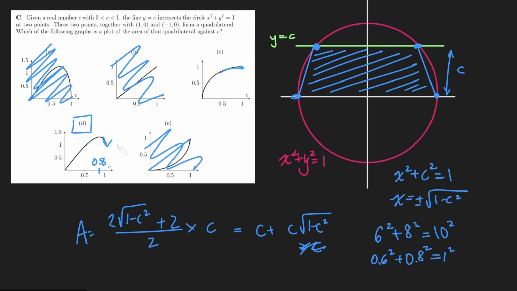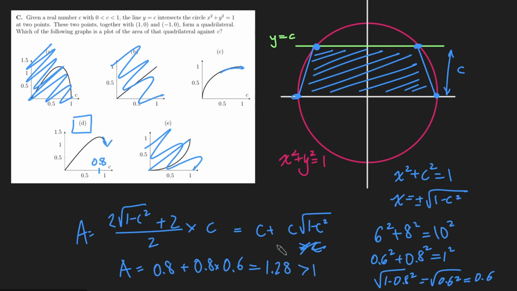Now we're going to sub in c is 0.8. So when c is 0.8, the area is 0.8 plus 0.8 times the square root of 1 minus 0.8 squared. But that's just 0.6 squared, and therefore the square root of that is just 0.6. It's going to be 0.8 times 0.6. Now 0.8 times 0.6 is 0.48. And so altogether this is going to be 1.28, which is bigger than 1.